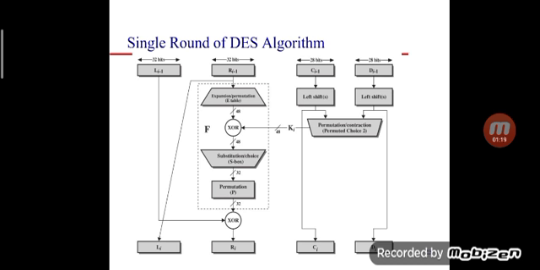Based on the key we perform the left shift operations, and the key is applied to the expansion function. Why do we use the expansion function here? Because our plain text is divided into two parts, the left side and the right side, 32 bits each.